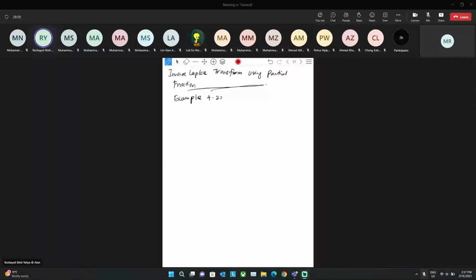So this example: find the inverse Laplace transform for s over s squared minus s minus 6.